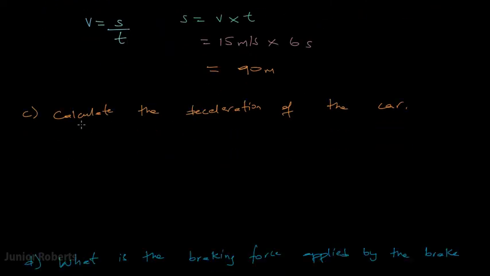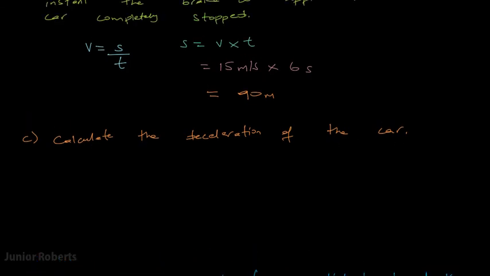Next, they say we're to calculate the deceleration of the car. Because the car was slowing down, we can calculate its deceleration. Now, the deceleration is the same thing as the acceleration, but because the car is slowing down, we refer to that as a deceleration. So acceleration, which is the same as the deceleration, is equal to the final velocity minus the initial velocity, divided by the time t.